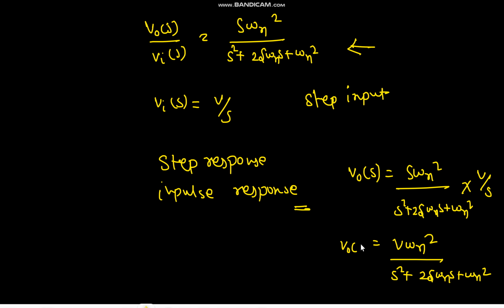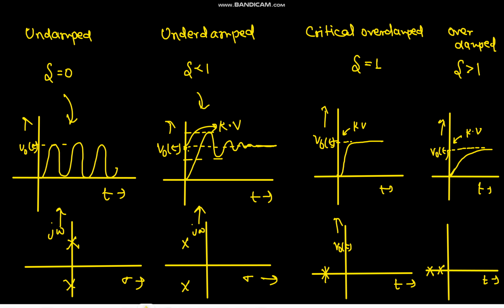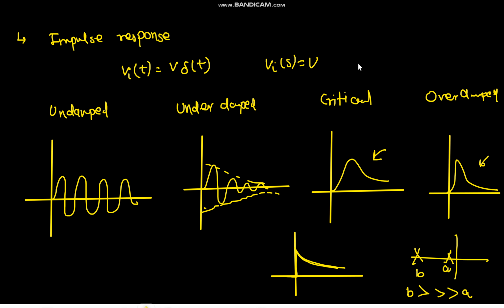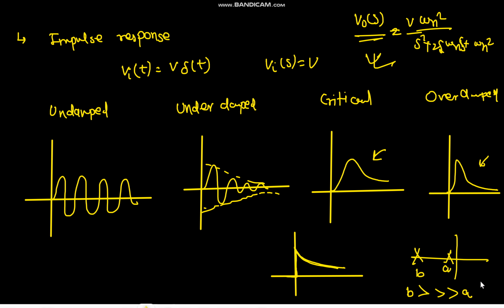So here what you can see, this is your output, and in the impulse response case, this is your V naught S upon V in S. So this V in S would go here and will be multiplied by this one. So V naught S would be of the same form.